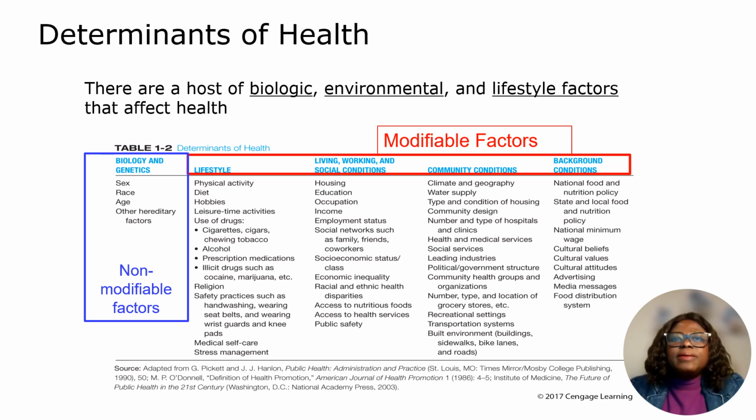So again, there's a whole lot as far as intervention is concerned for us to do to really address some of these modifiable factors in the communities to improve people's health, and also to educate people to learn how things like lifestyle factors can either compromise their health or improve their health. So determinants of health, there are many. There are biological factors, environmental factors, and lifestyle factors that can affect health.